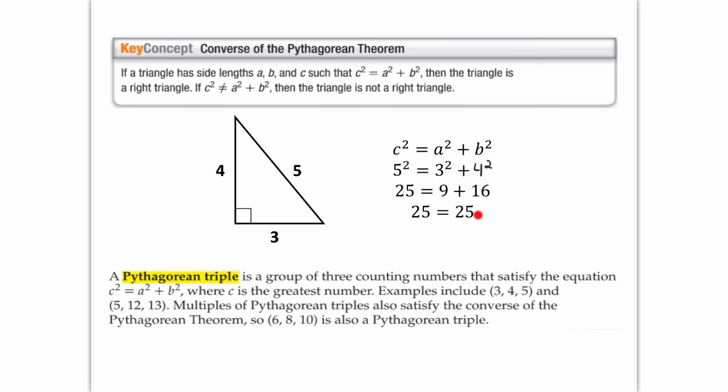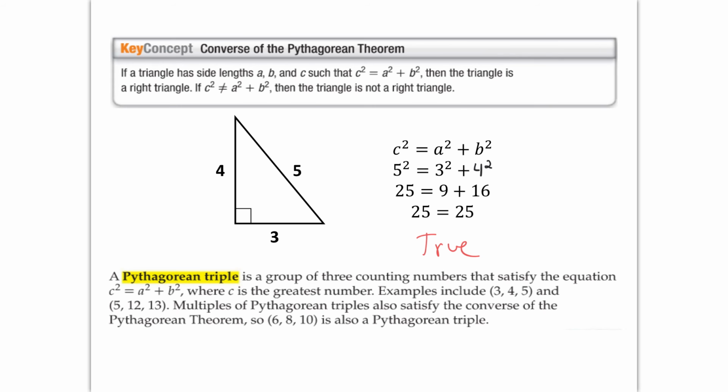And when I simplify, 25 on the left side, and 9 plus 16 is 25 on the right side. This statement is true. So when that statement is true, that means that the triangle is a right triangle. Using those measurements, we can make a right triangle.